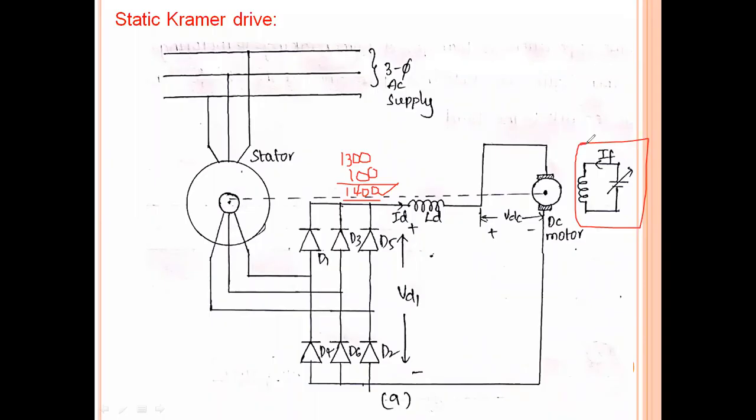Here in the separately excited DC motor, the field is connected separately. That means we can control the field of the DC motor. So we can utilize this advantage in regulating the speed of the DC motor.